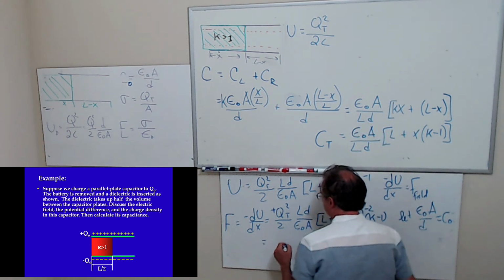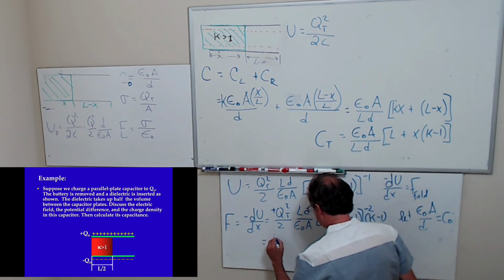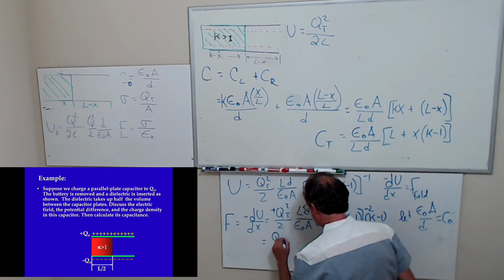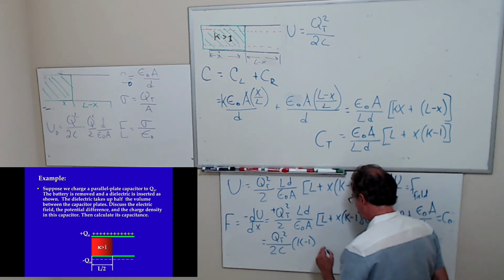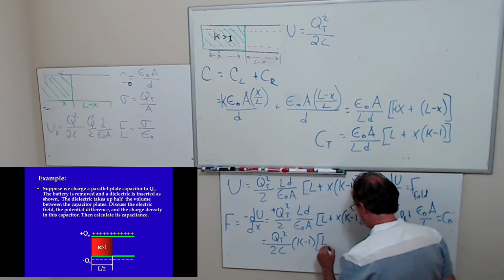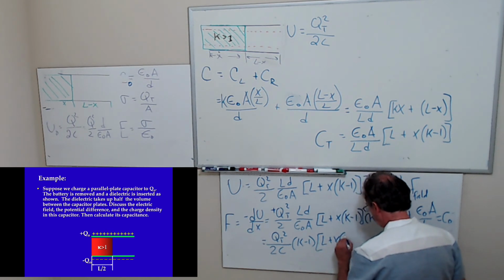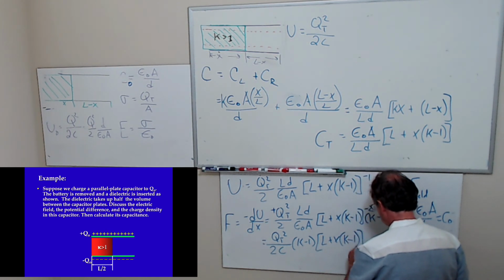So then I'm going to get Q total squared over 2C times kappa minus 1 times L plus x times kappa minus 1 to the minus 2.